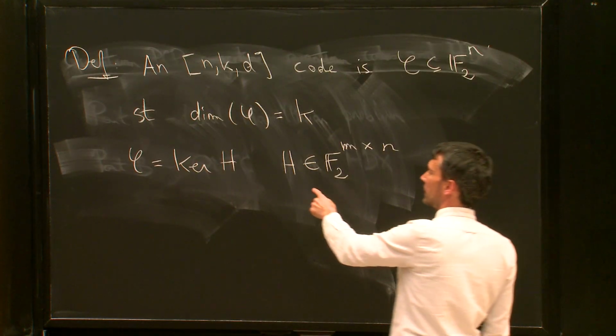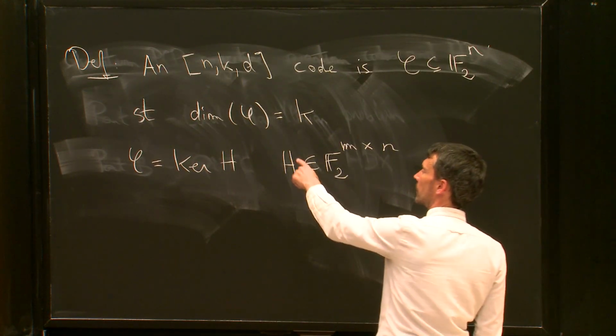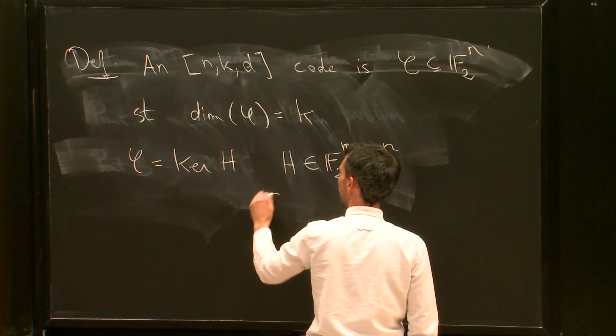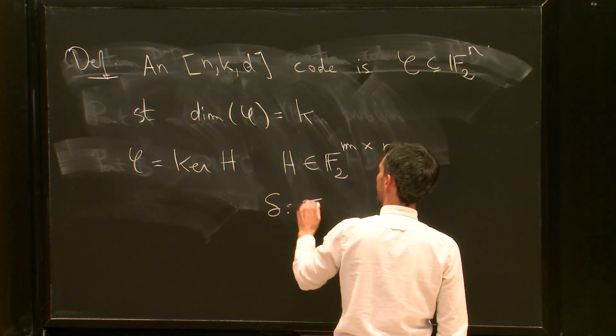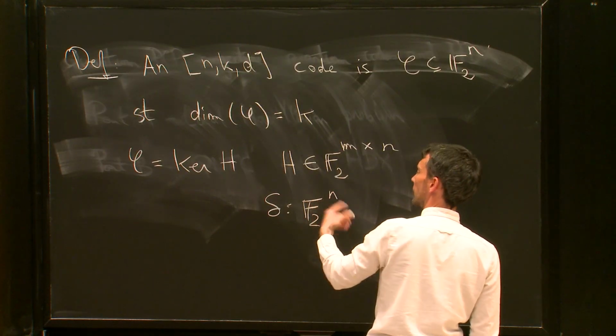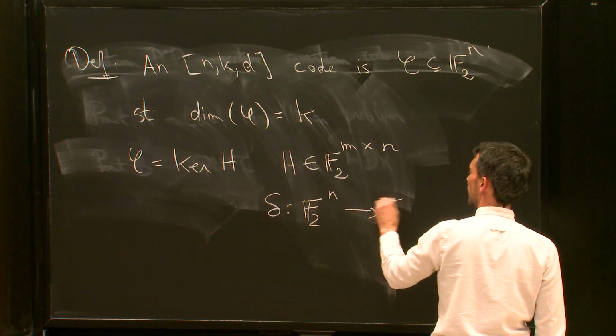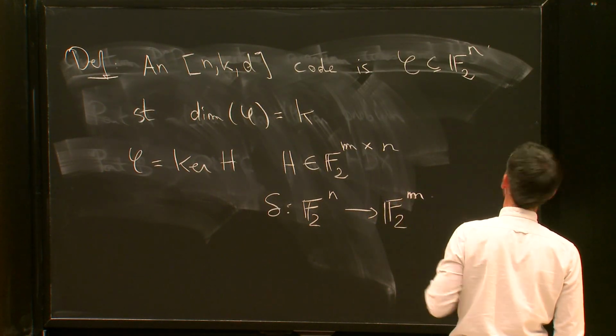So I can think of this parity check matrix as a linear map, right? Equivalently, a matrix is a map, and I will call this map delta, from F2 to the n, the space of my bits, to F2 to the m, which is the space of my parity checks.